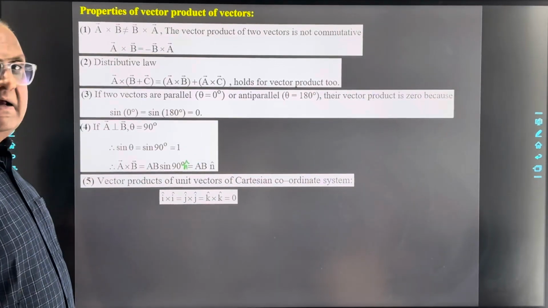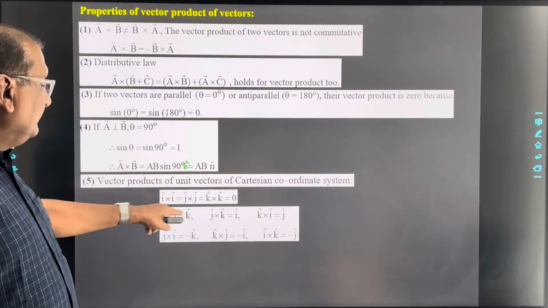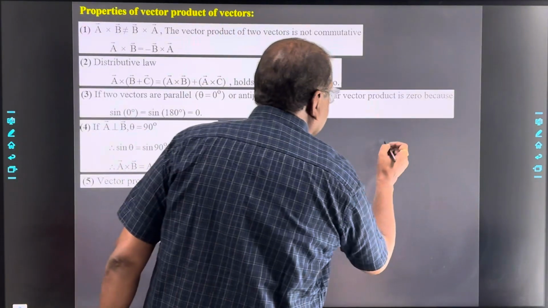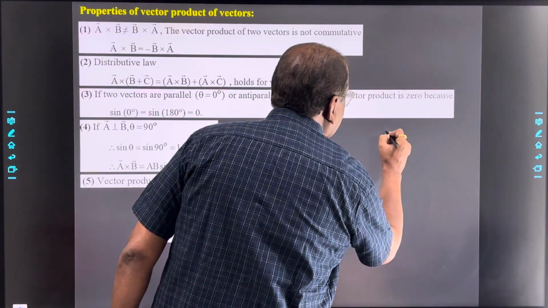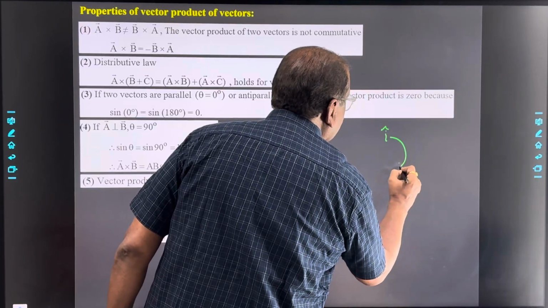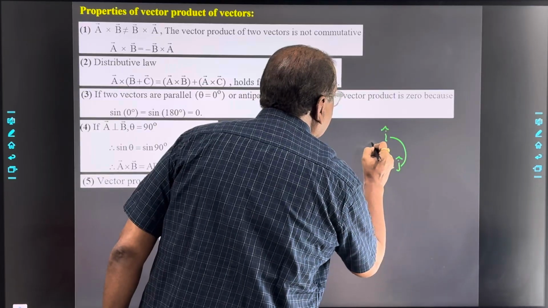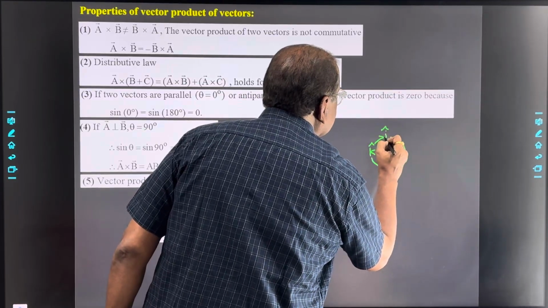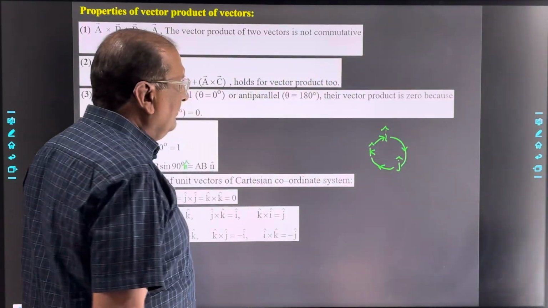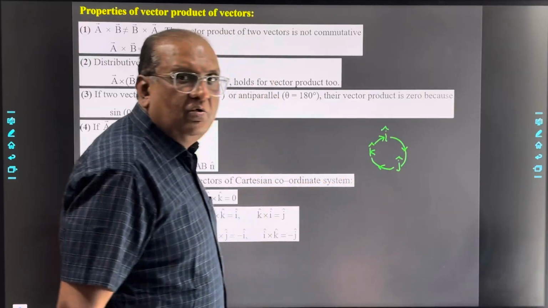Similarly, j caret cross j caret as well as k caret cross k caret will be equal to 0. But suppose we take i caret cross j caret. Suppose we consider a clockwise circle like this, okay? Then here remember, i caret cross j caret is equal to k caret.